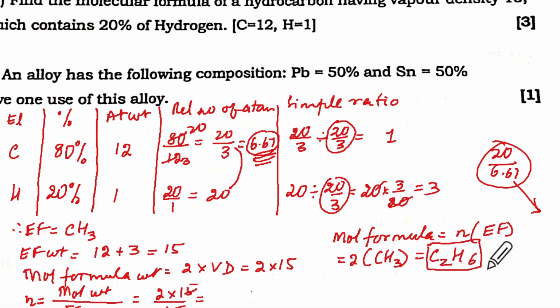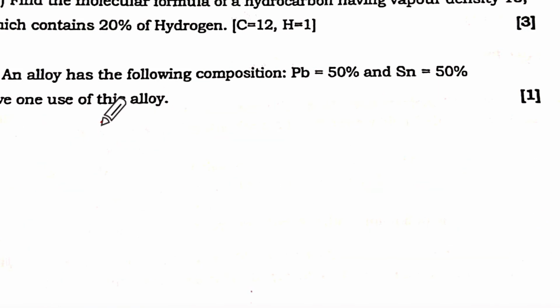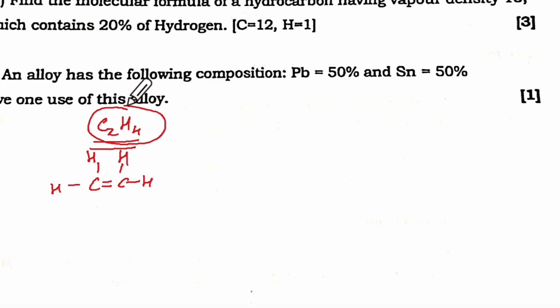Now supposing in place of this, you had got C2H4. What would be the name of this compound? Alkene. What would be the structural formula? C double bond C. Understanding the questions they can ask you, even in our empirical formula, molecular formula, if you get the molecular formula like this, they can ask you to write the structure.